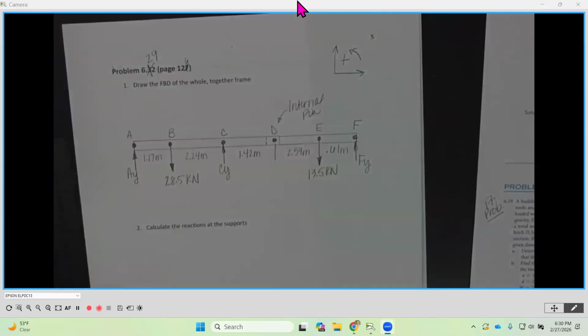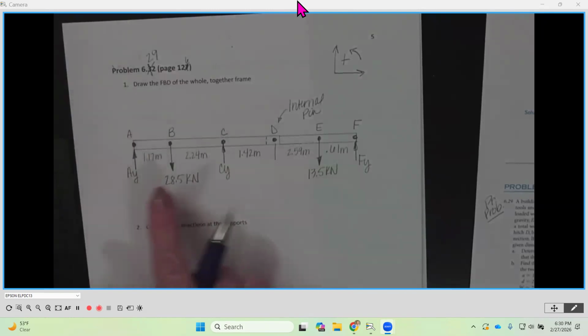So now we've got 1, 2, 3 unknown forces, right? Now, as we look here, we're just going to kind of think ahead. So if we sum our forces in the Y direction here with the full together frame, notice that we have too many unknowns. We have 3 unknowns. We're not going to be able to solve it.